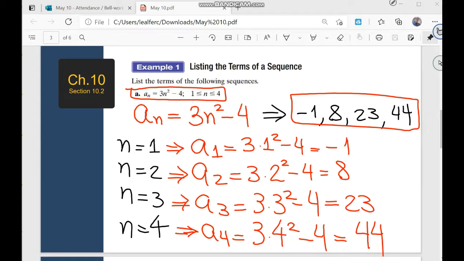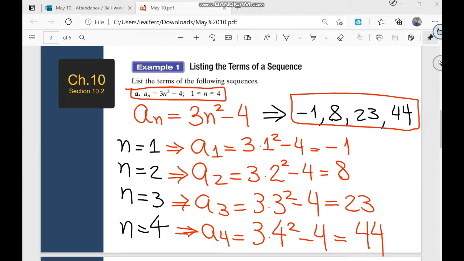This is an example, a basic sequence that is growing, right? The next term is always greater than the previous one, so it's growing. We can have a sequence that is decreasing if the next term is less than the previous one, and we also can have a sequence that is alternating.